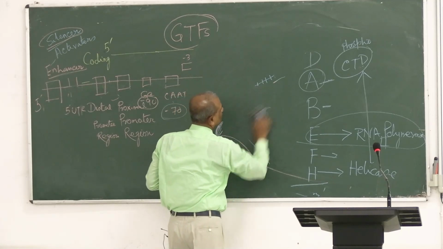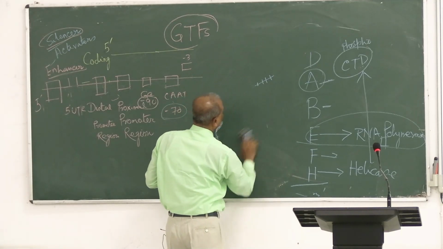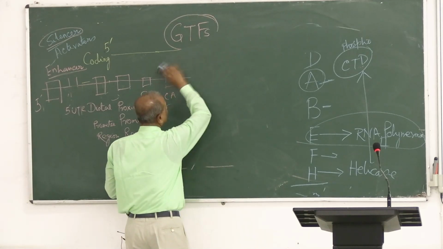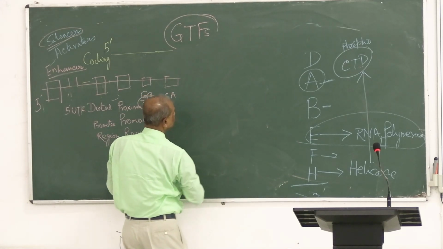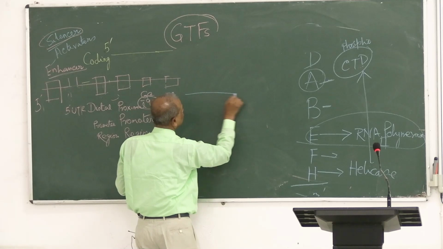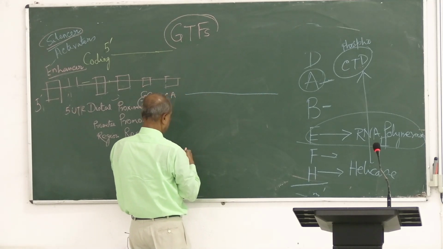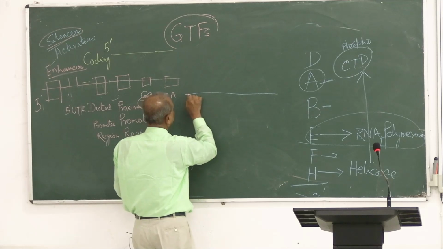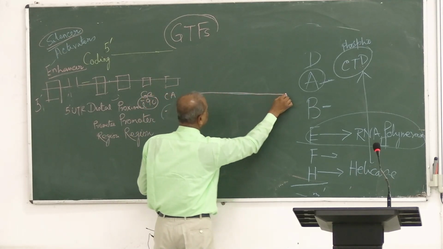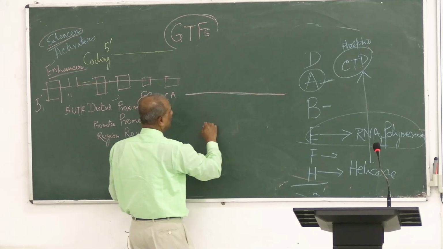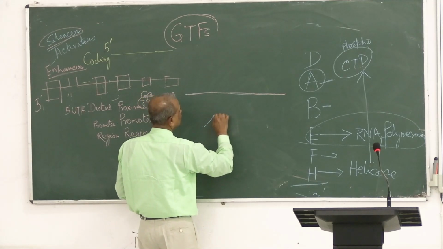So, elongation will occur as per the direction of the template strand. Sorry, this is the template strand. So, there is a growing chain of mRNA, some part has been synthesized.